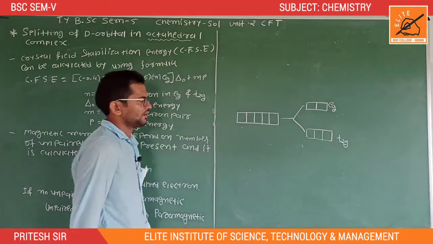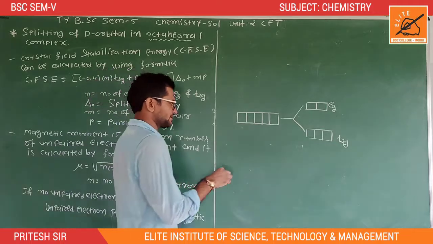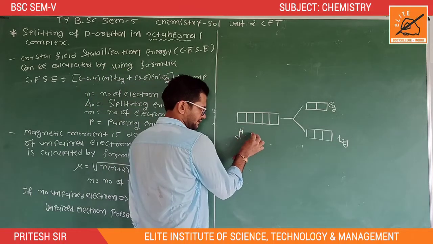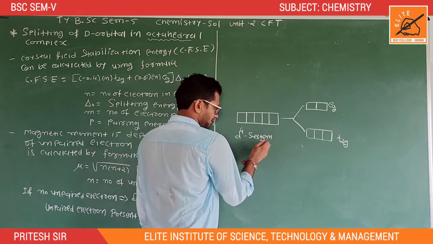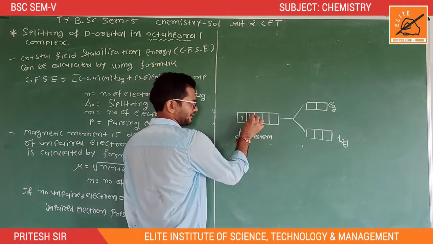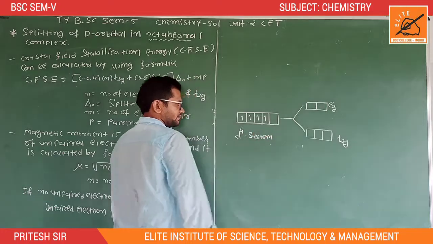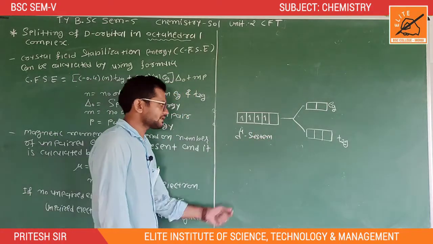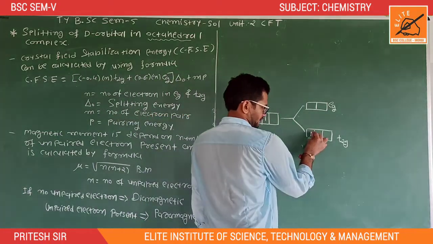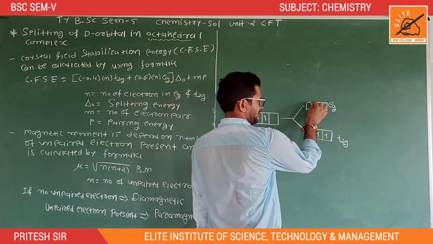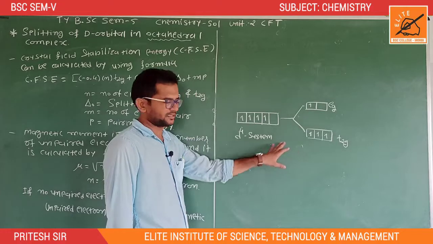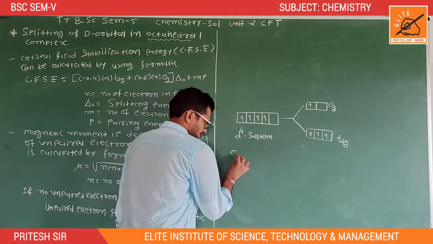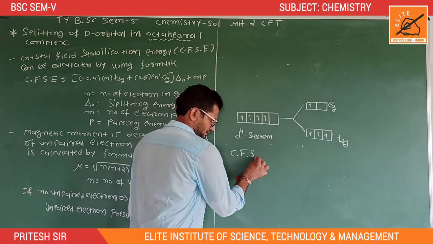Suppose I take a d4 system. d4 system means 4 electrons are present in the d orbitals. In this case, first electron, second, third, and fourth. The calculation of CFSE is done as follows.